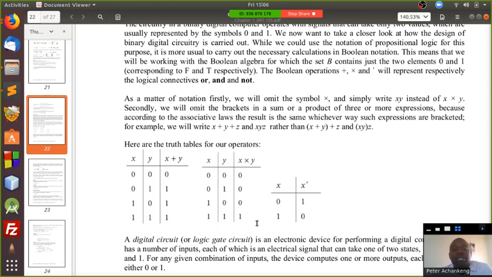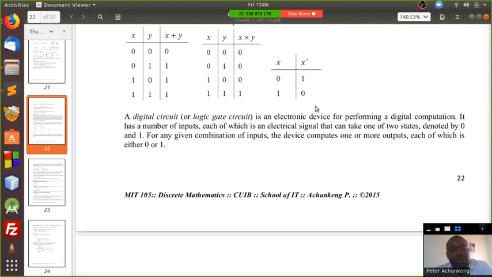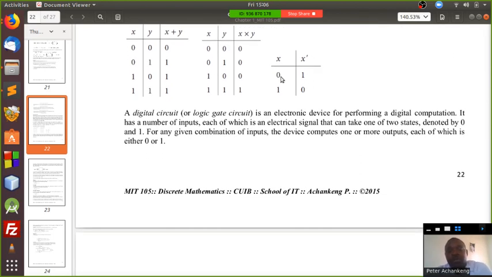That can easily be seen from the circuit that we showed above, where in one case the switches were connected in parallel for the OR, and in the other case the switches were connected in series for the AND. And there you have the complement, where the complement of 0 is 1 and the complement of 1 is 0.